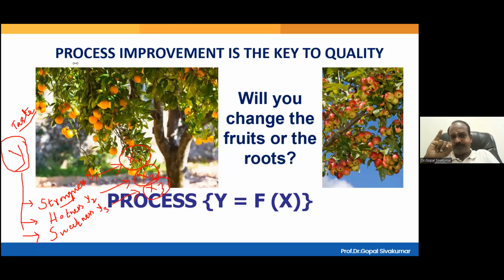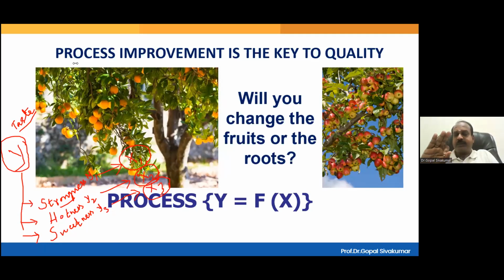What is the first step? Root cause identification. Find out the critical factors. Second step: root cause validation. Validating the critical factor. Very good. Third step: studying the relationship between X and Y. Very good.